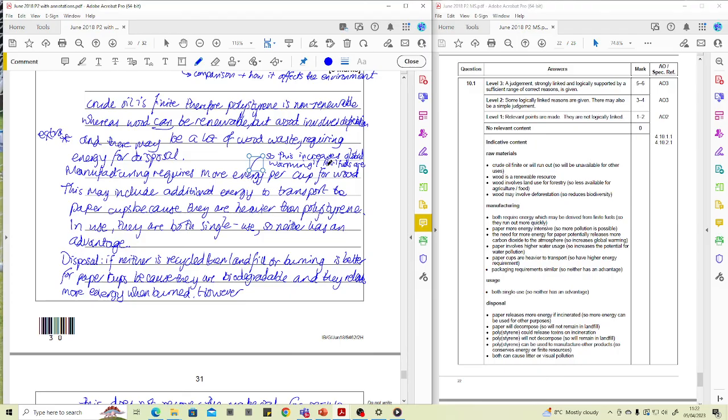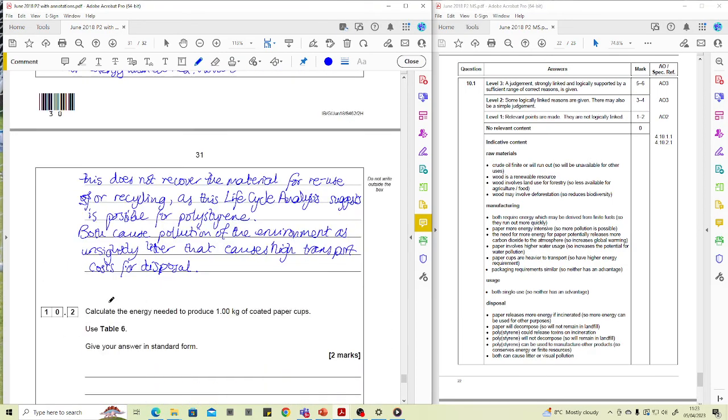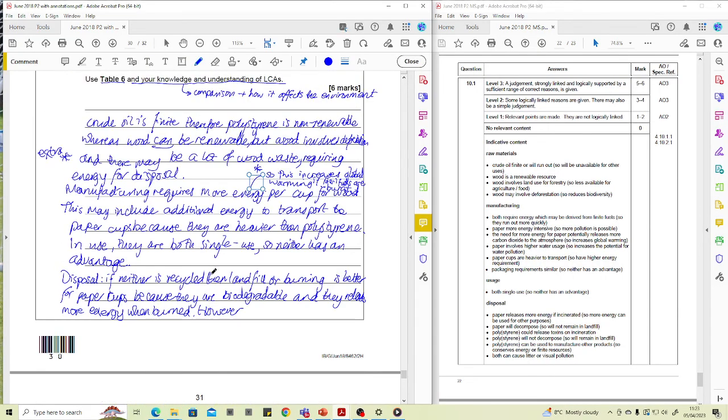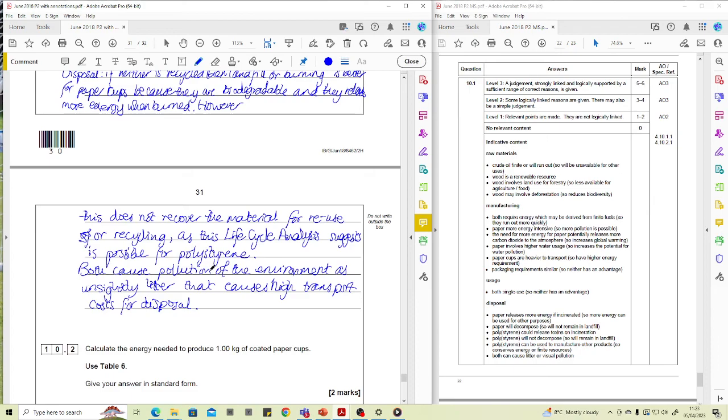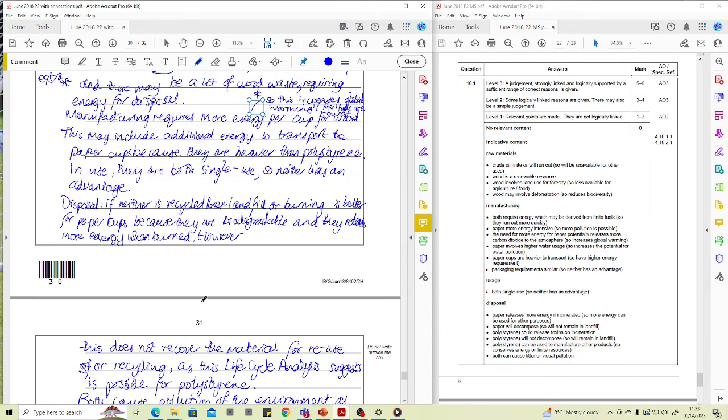Yeah, got to include it somewhere. Probably as a star, actually. So, yeah, but I've run out of space. Big writing. Okay then, so I think that is a 6-mark answer because it brings in your own knowledge.